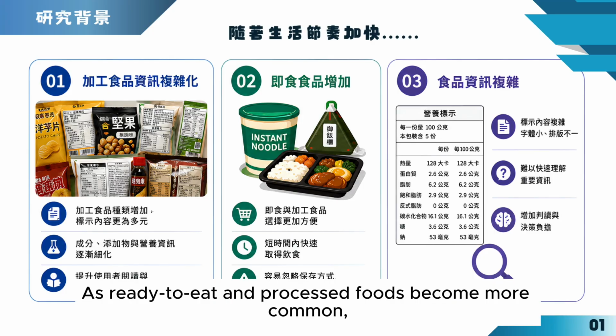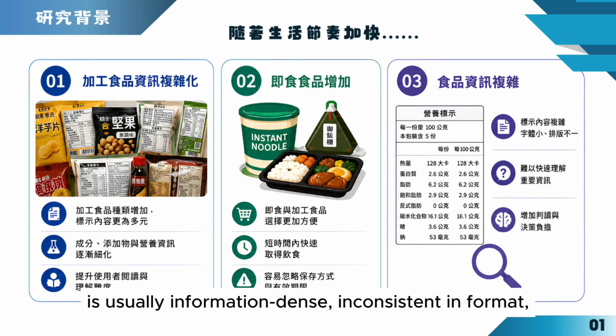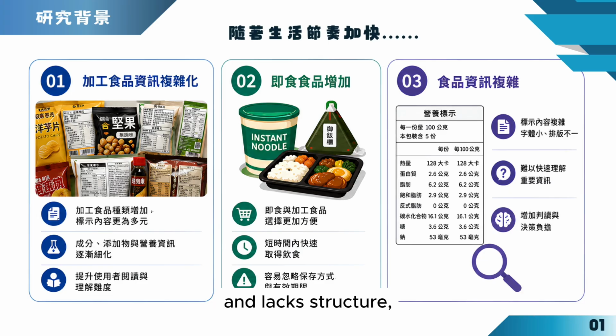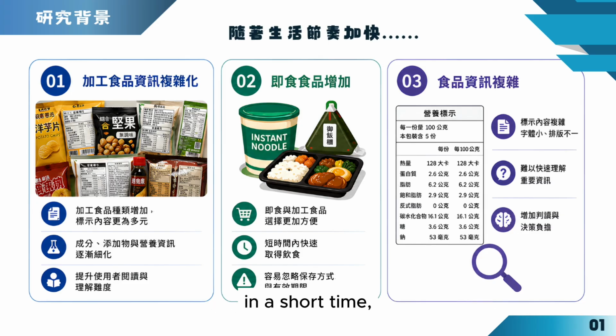As ready-to-eat and processed foods become more common, consumers in their daily lives rely heavily on the label information found on food packaging. However, food label content is usually information-dense, inconsistent in format, and lacks structure, making it hard for users to grasp key information in a short time, which affects judgment and efficiency.